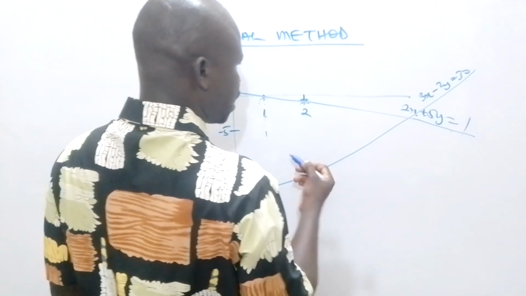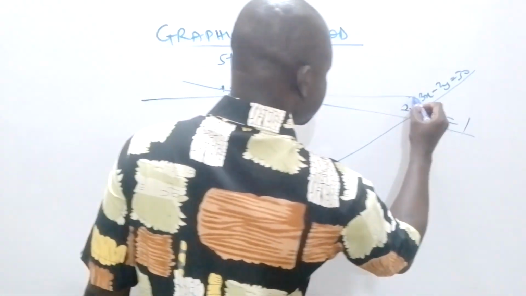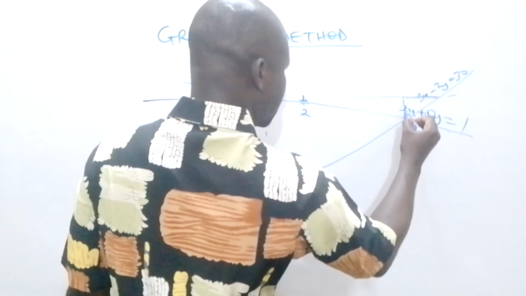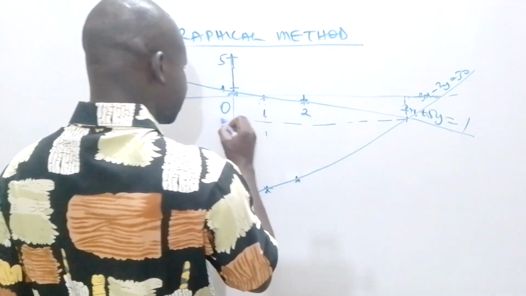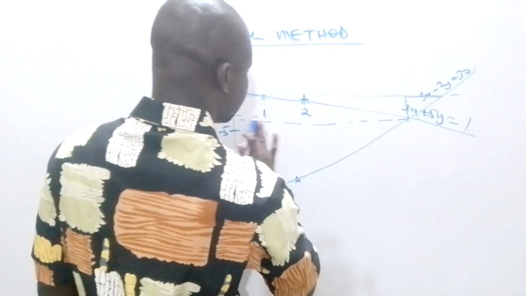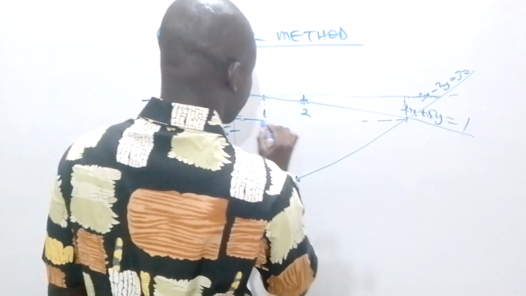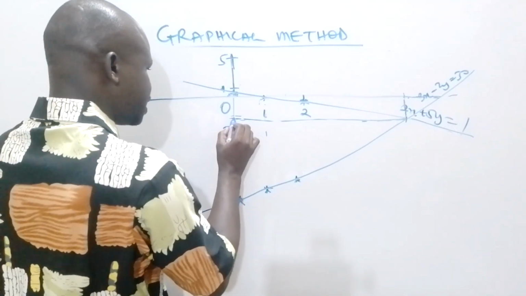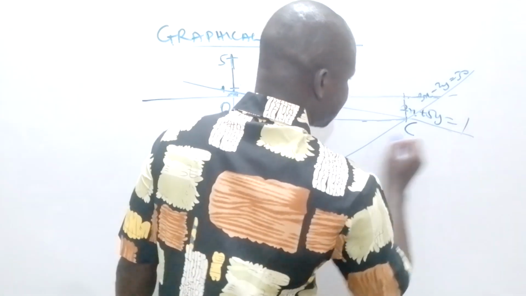So if you continue in that order, their meeting point will actually be the value of what you are looking for. Their meeting point will be somewhere around here. This will be the value of x, and here will be the value of y. If you look at this very well, somewhere around here, you now write out the coordinate.